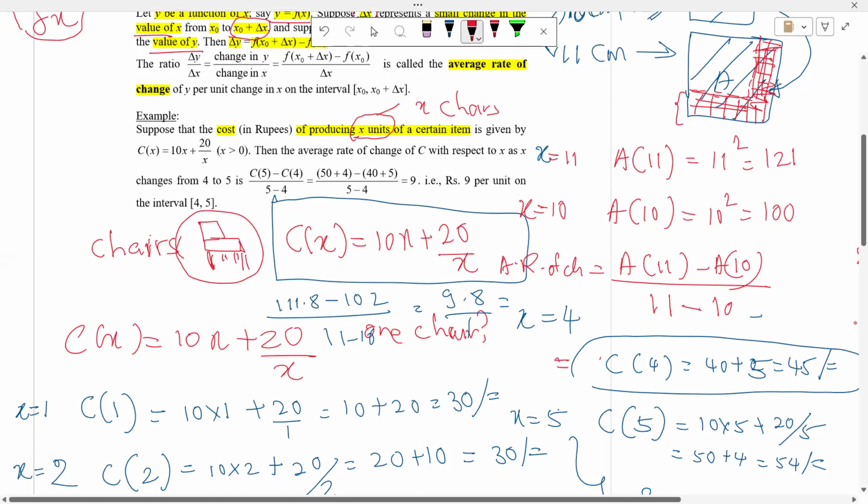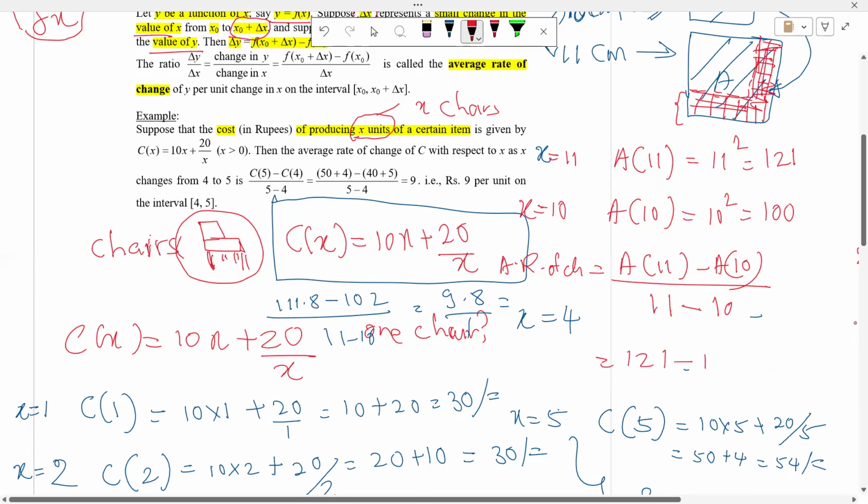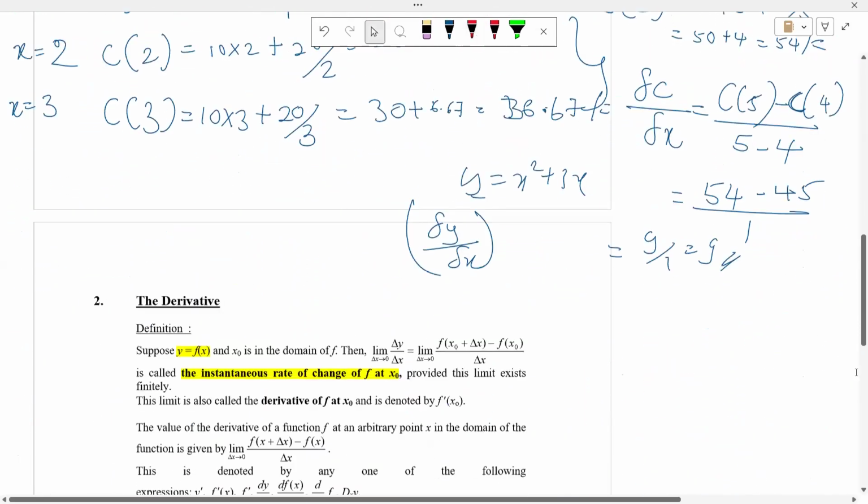Now A11 is 121, so 121 minus 100 divided by 11 minus 10, which is 1. So it is equal to 21 centimeter squared. This is the average rate of change in this function. So whatever the function, to find the rate of change you need to find the difference between particular points. That is what we call the average rate of change.